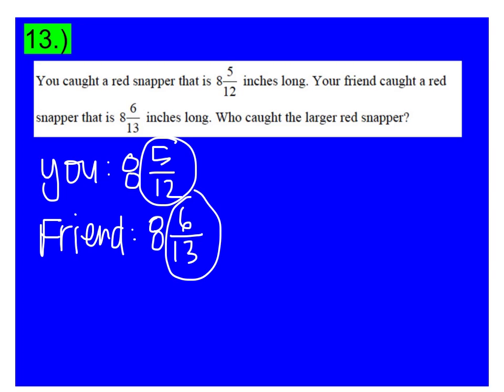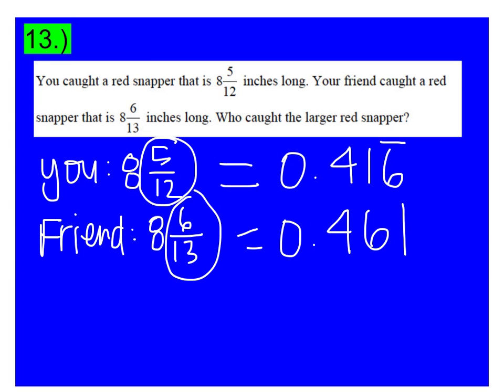So I'm going to type into my calculator 5 divided by 12. And that gives me 0.41 with the 6 repeated. Okay? And remember, some of you may be thinking, well, it has 6, 6, 6, 6, but it has a 7 at the end. Remember, that's our calculator rounding up for us. It is 0.416 repeated. Okay? Then I'm going to type into my calculator 6 divided by 13, and I get 0.461.